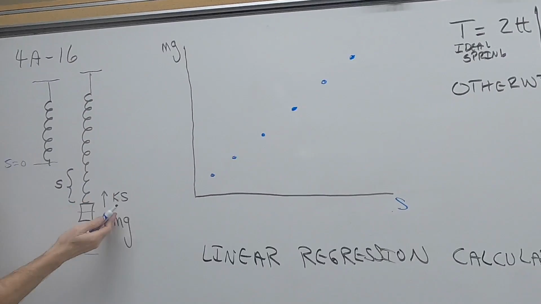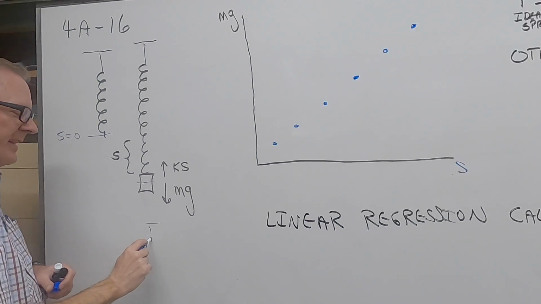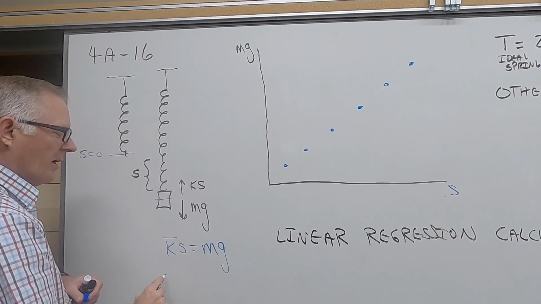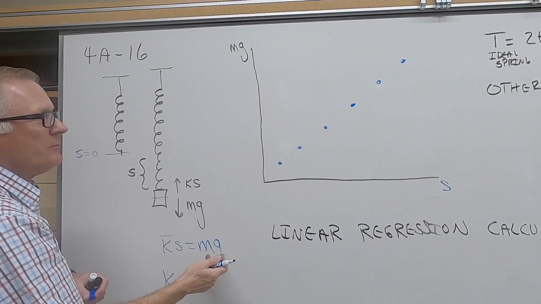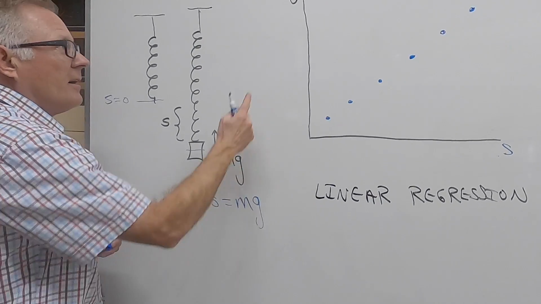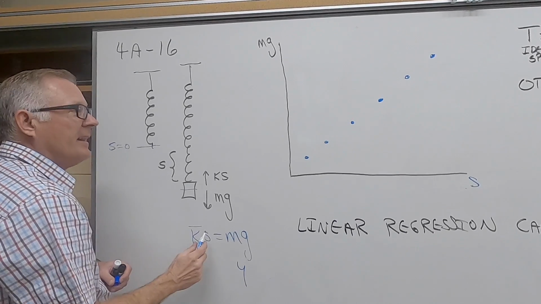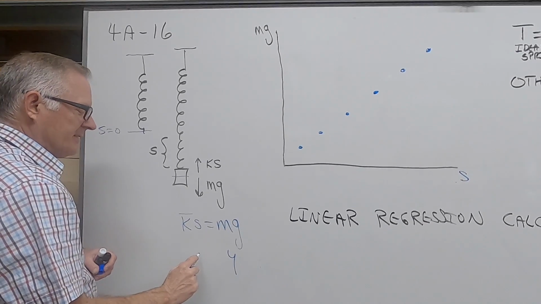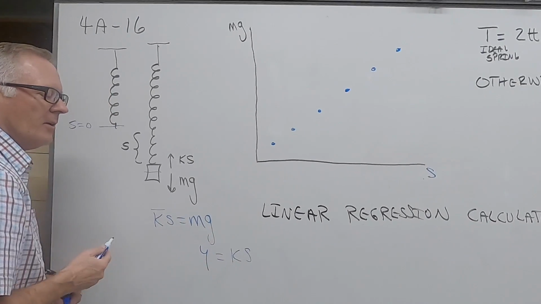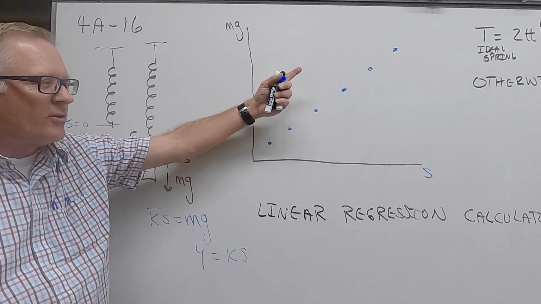Why? Because if you set these two equal, you get ks equals mg. mg is my y-axis, and s is my x-axis, so this is like a y equals ks curve. Well, that's just a straight line that goes through the origin.